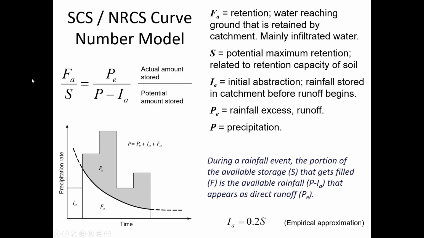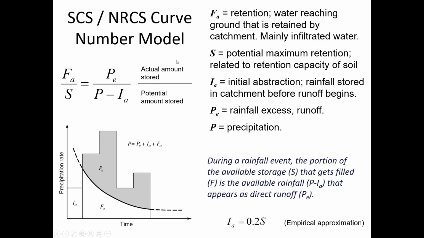And they've developed this ratio where they say that the ratio of the infiltrated quantity of water to this concept of storage is the same as the runoff to the overall precipitation minus the initial abstraction. So effectively, at a certain time, it's the actual amount of water that's stored to the potential amount of water that can be stored.